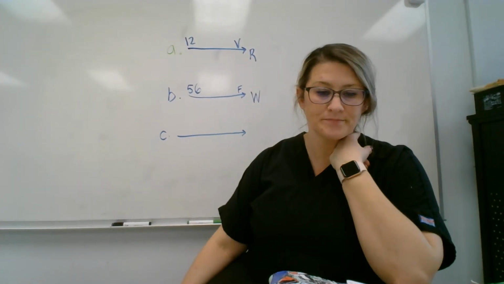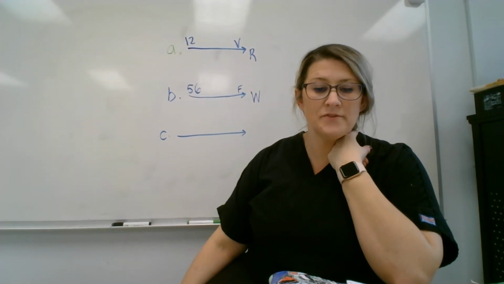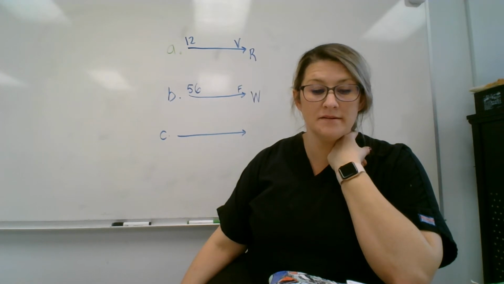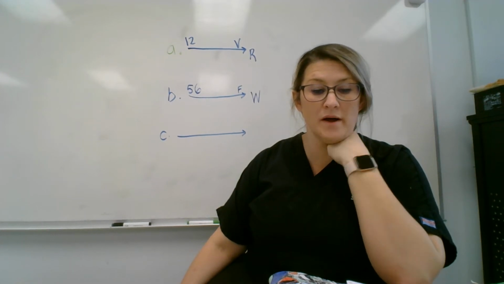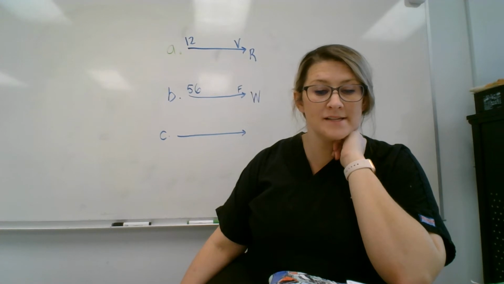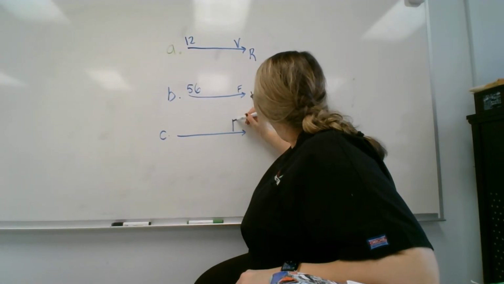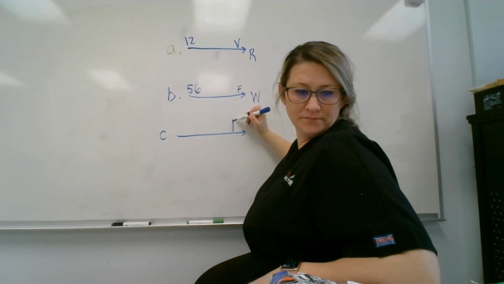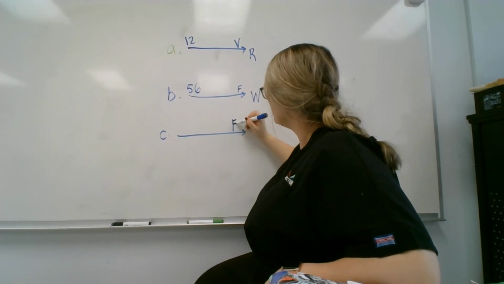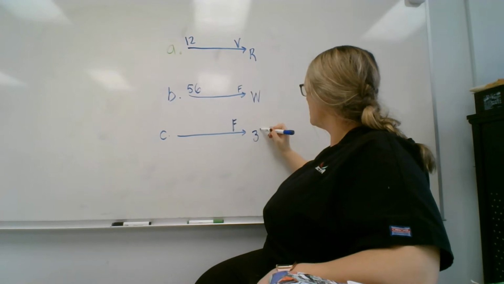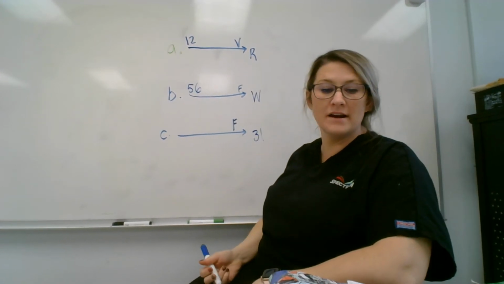C. F is 12 more than 31. If I read it without the 12, the circled 12, F is less than 31. So I have F is less than 31. This time I had a letter and a number.